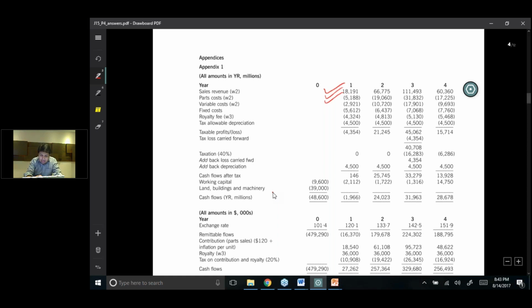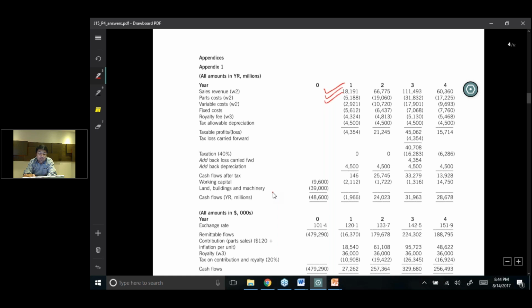And then you have deducted the tax allowable depreciation. So the next amount is: in year 1 there is a loss, in year 2 it's a profit, year 3 profit, year 4 profit. You will not charge any tax in the first 2 years, and you have the leverage to carry forward the first year loss against the year 3 profits, because in the question it has been stated that you can carry forward the losses against the profits.